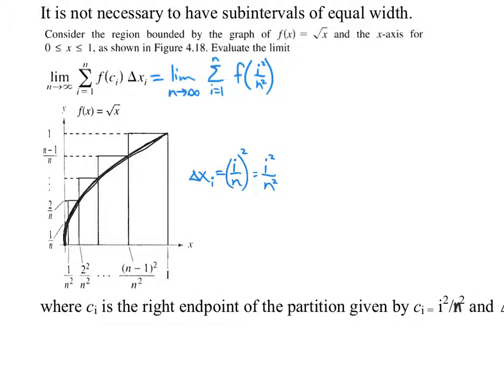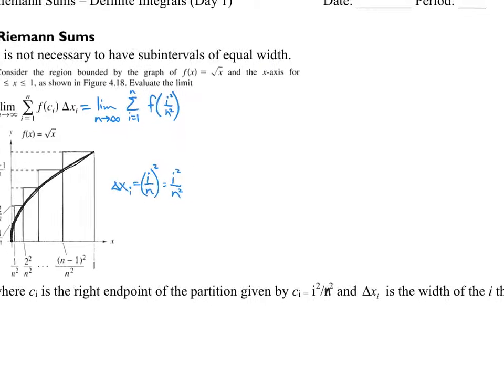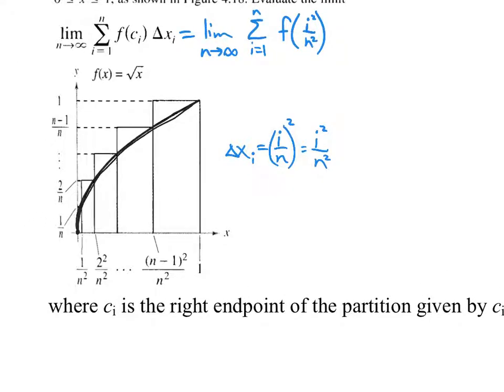Now the width, we can actually derive this a little bit. I didn't finish this completely here. That i squared over n squared is the right-hand side of the interval.